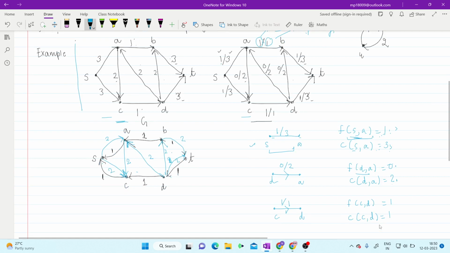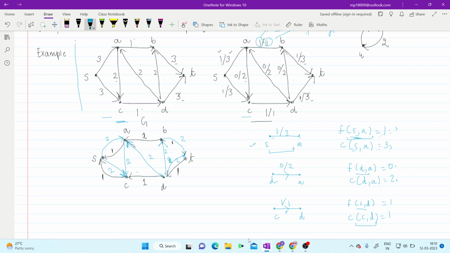The first condition was that flow should be strictly less than capacity, but since flow is equal to capacity, you won't have an edge in the direction of CD. But the second condition is satisfied, that the flow is strictly greater than 0. Therefore, you'll have an edge in the opposite direction, that is DC, with the flow value, which is 1.